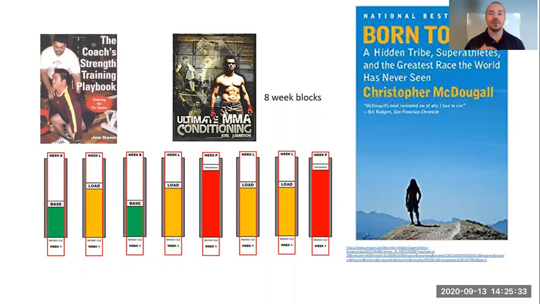The tissues and the energy systems worked are going to have much greater regenerative capacity, especially if you're not always running, if you're mixing up your modalities. That can really save the joints and save the nervous system. So for those reasons, we have a lot more flexibility with what a block might look like. Coach Joel Jamieson recommends 8-week blocks.